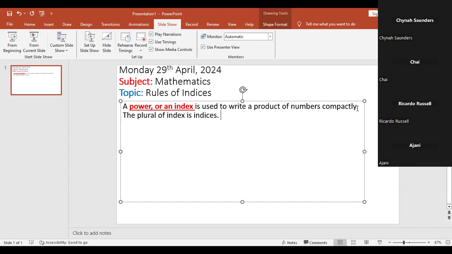And so what we're going to be looking at is rules that are going to help us to manipulate indices effectively, all right?